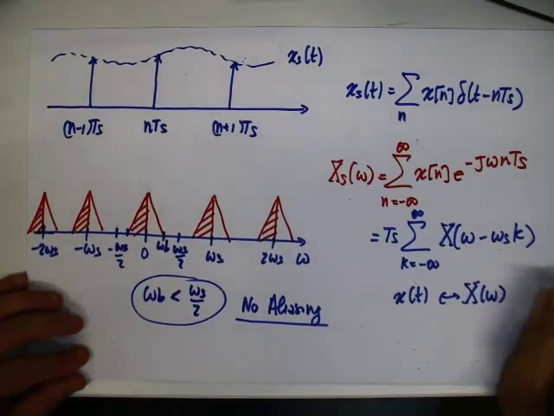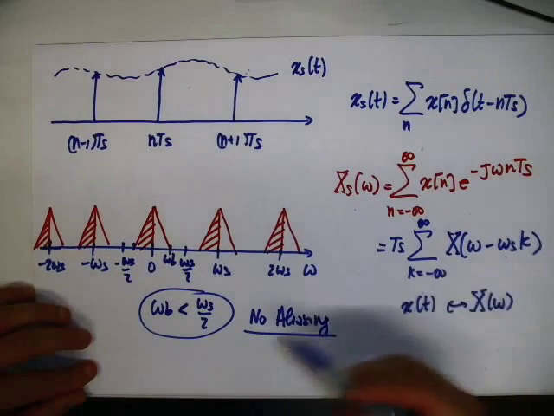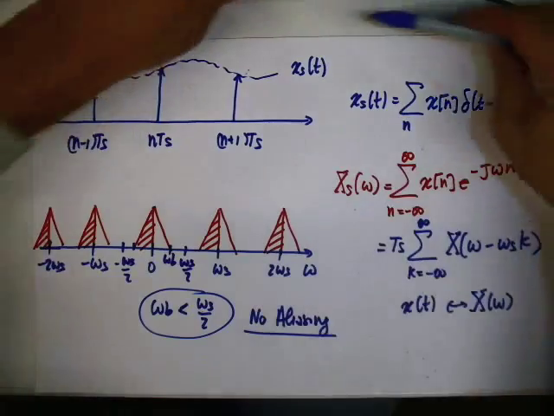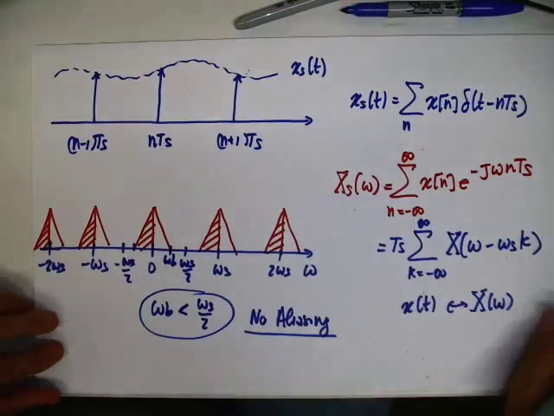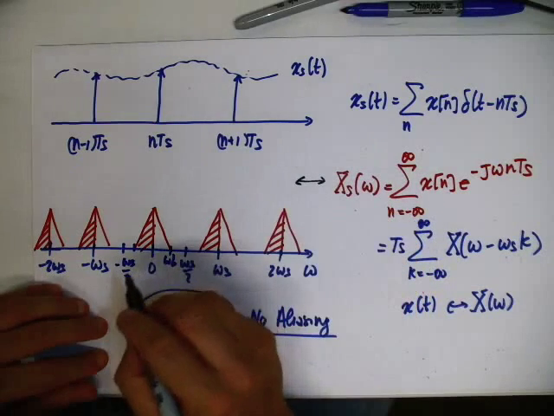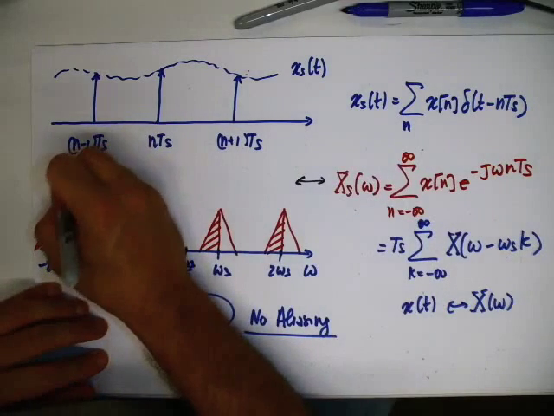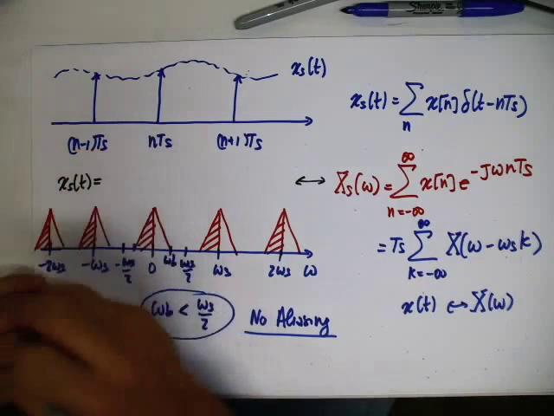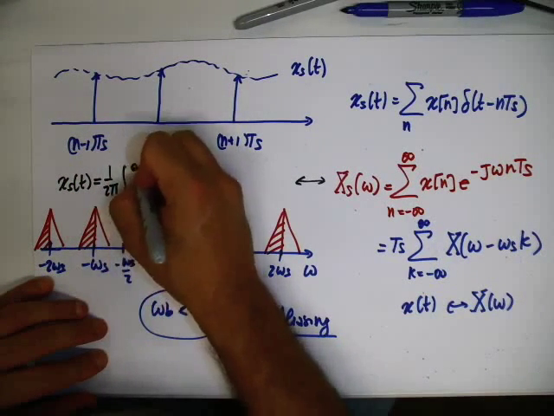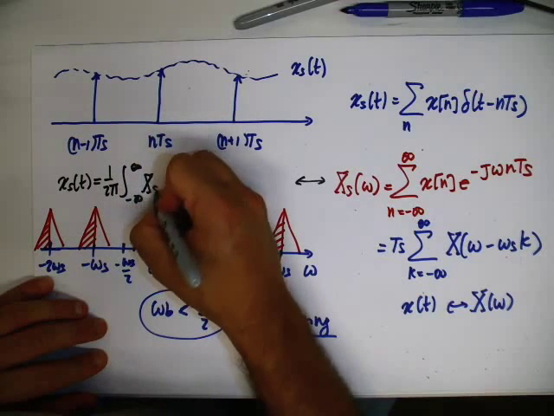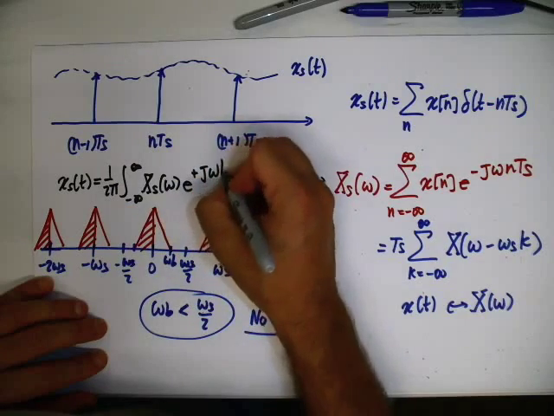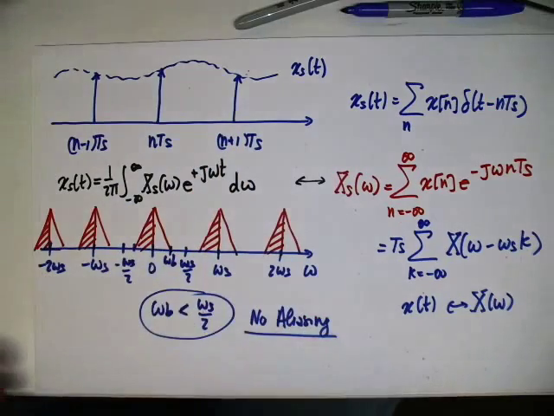And so we have seen then, we can go back and rewrite the original signal x_s(t) as 1 over 2 pi, the integral between minus infinity and infinity of X_s(omega) e to the plus j omega t d omega, okay?